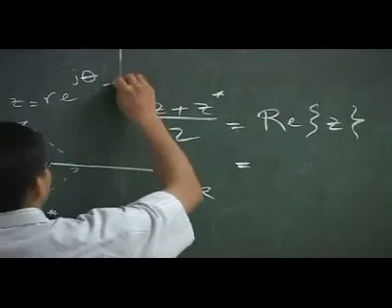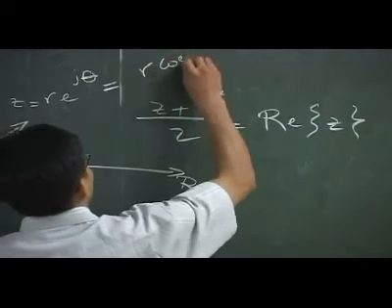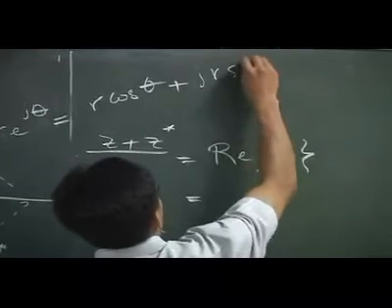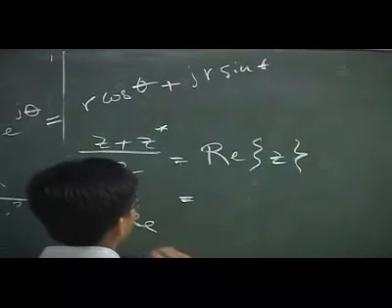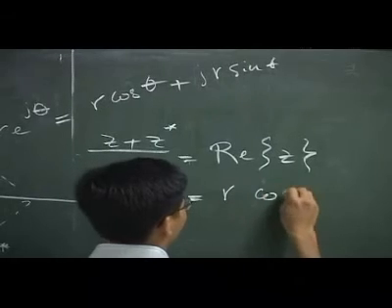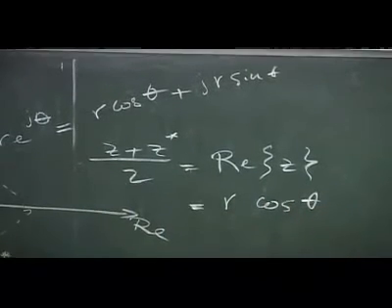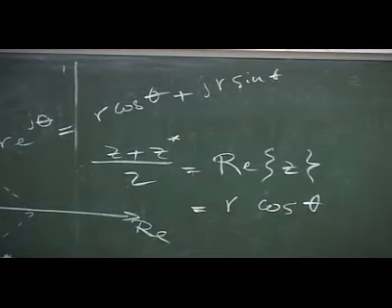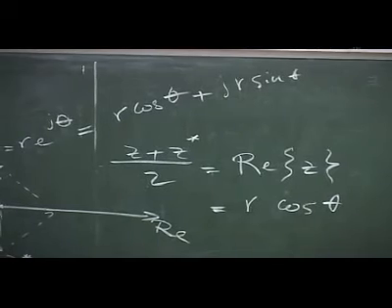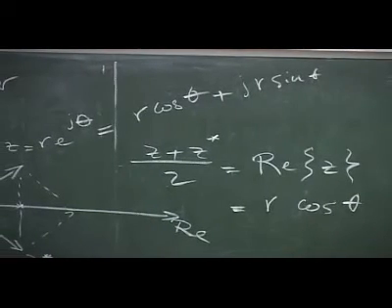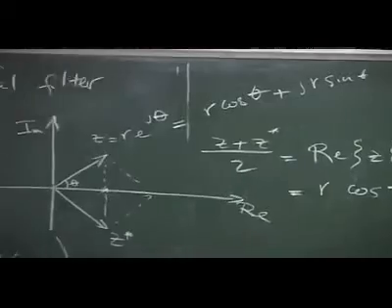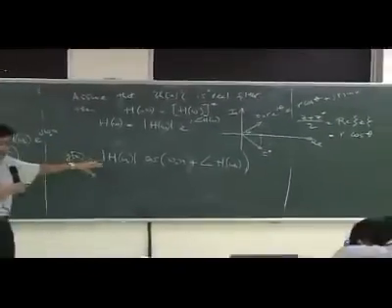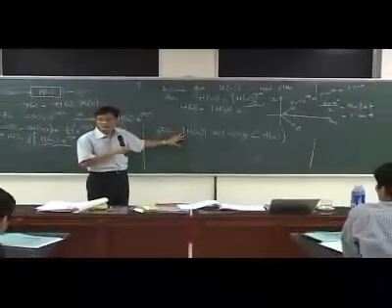This is equal to R cos θ plus jR sin θ, so the real part is simply R times cos θ. So that's simple. Now this number is equal to that, multiplied by e^{j} this, and when I take this trick there, I got this. Okay, everyone see that.